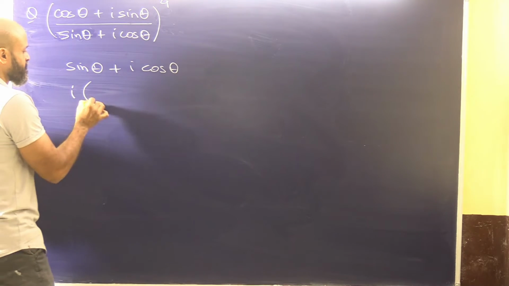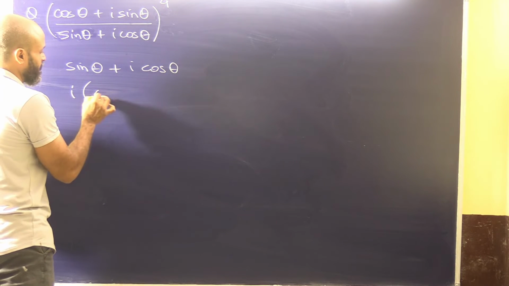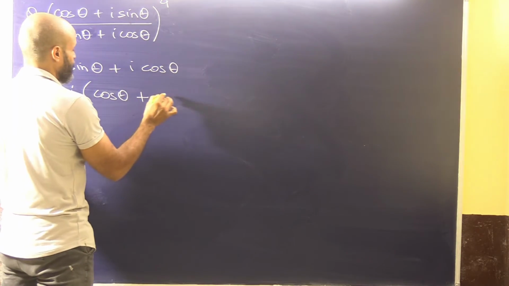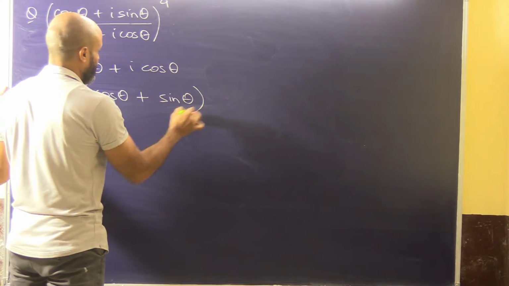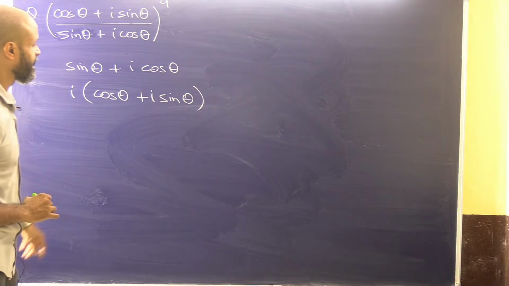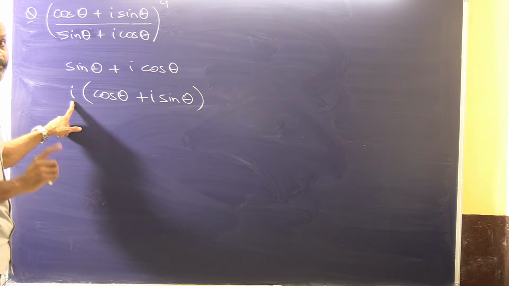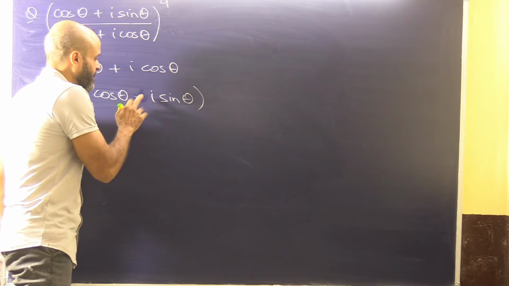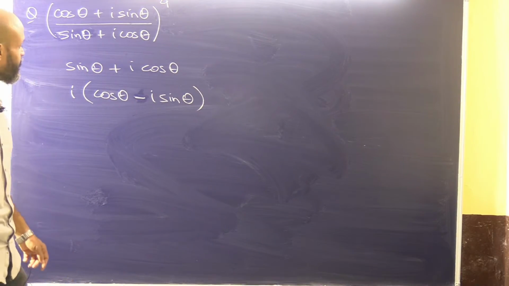If I take I as common, I can put this as cos theta, plus sin theta, but here I have to put minus 1, because I into I will give me minus 1. Now look at this.